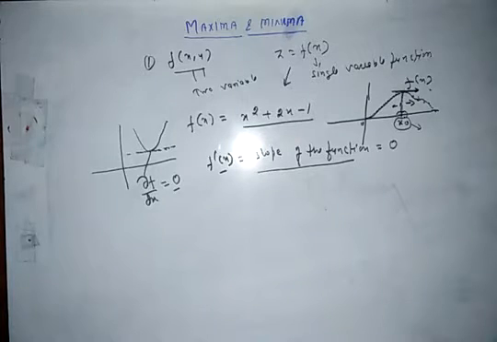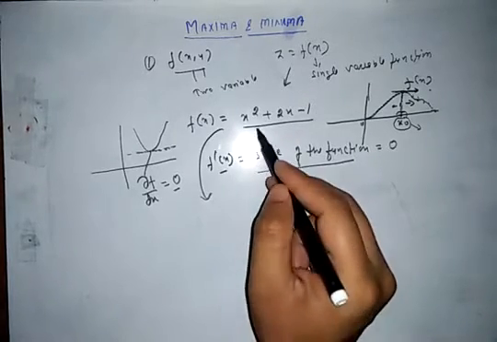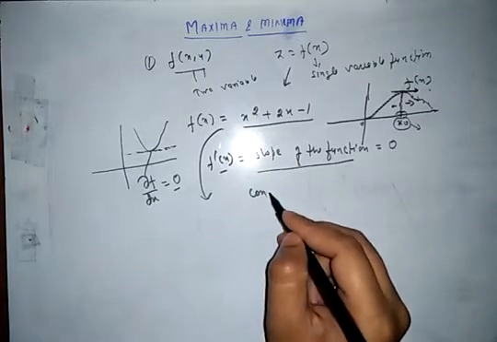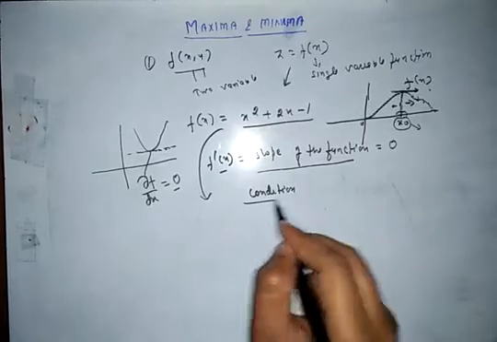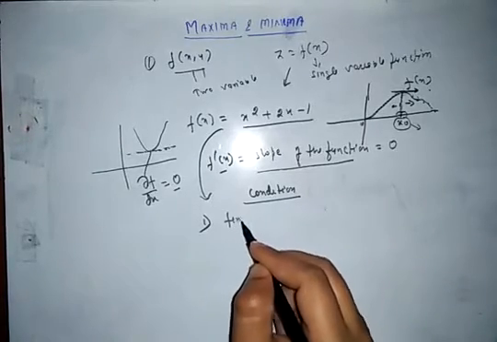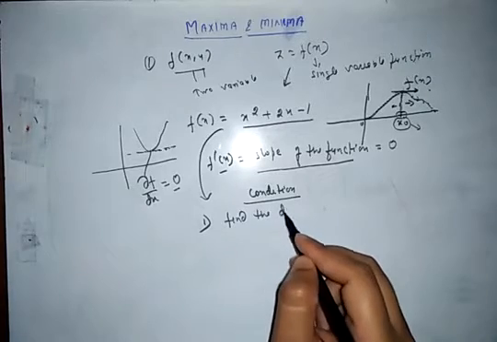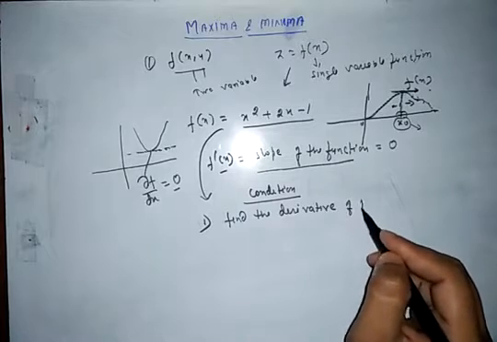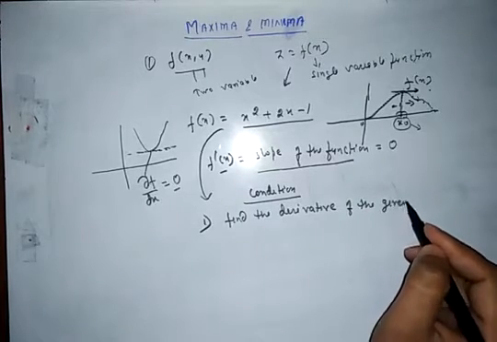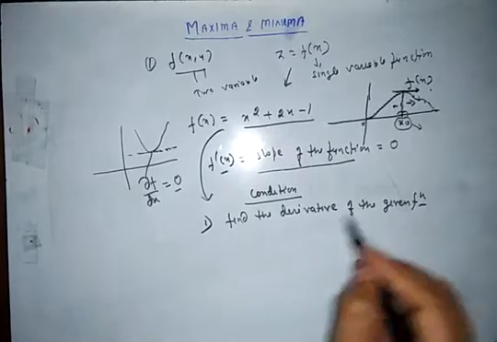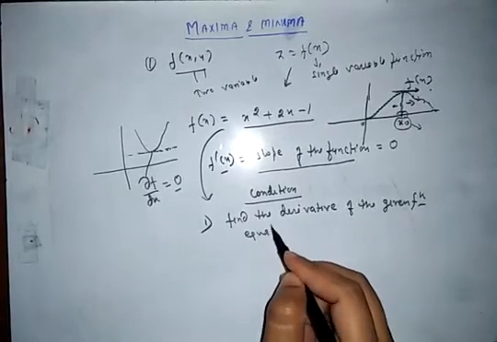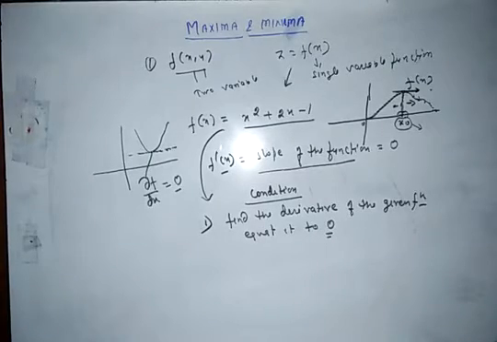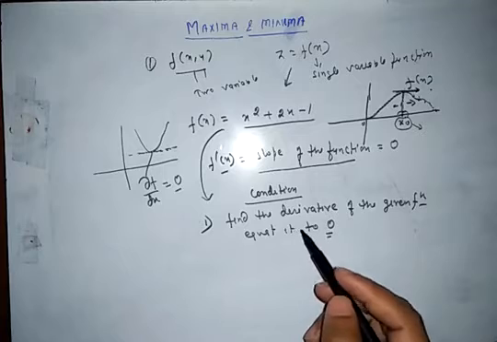So if you want to find the maximum value of these functions, what is the method? See what the condition is. First, find the derivative of the given function, and equate it to 0, so that we can find the stationary points.